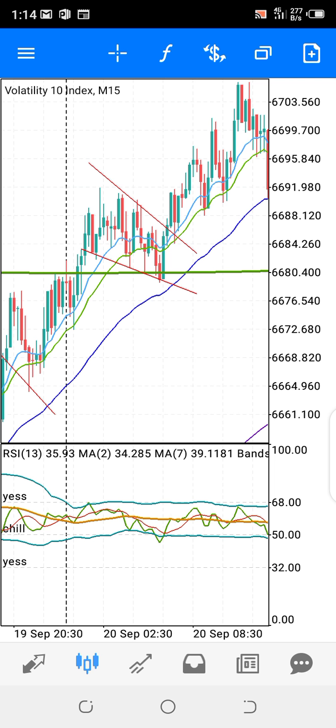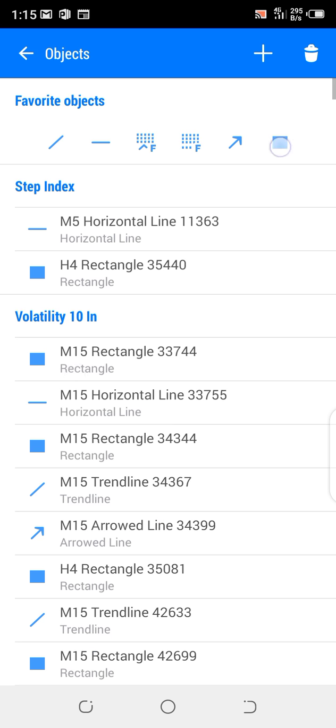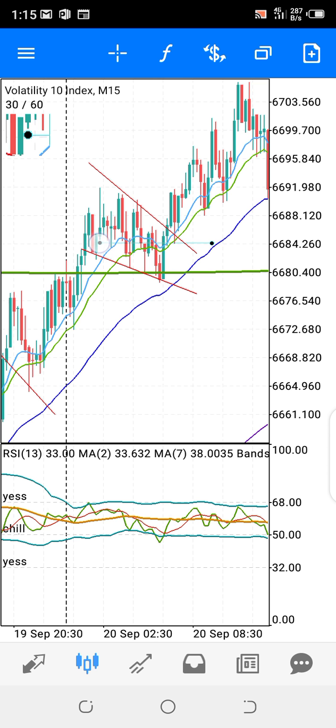So I look for an order block, the last bullish candlestick before the low of the second leg. Then what's happening with this? Okay. All right, this is the candlestick.